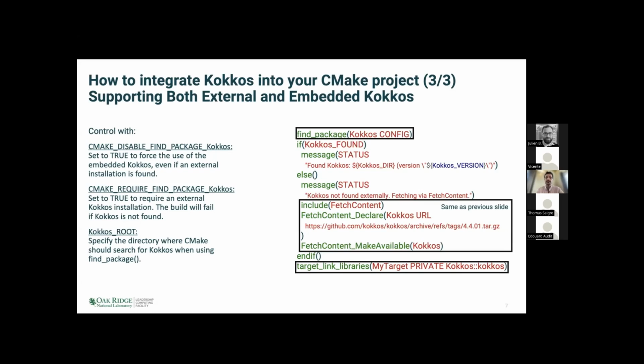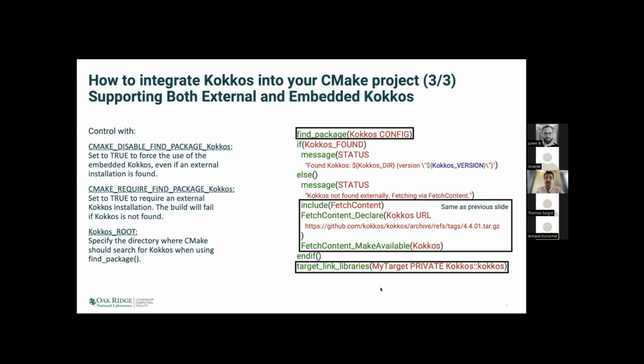And so then after that, I use this variable that's being set by CMake by the find package call, which is always package name underscore found. So if Kokkos was found, it means that I succeeded to find an external Kokkos. So that's it. I can already jump to the end and link against it.